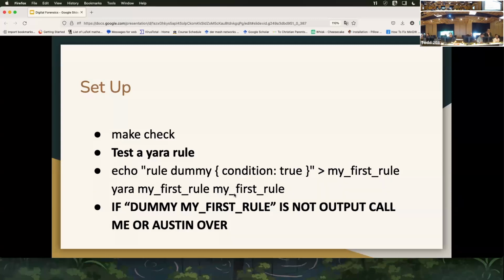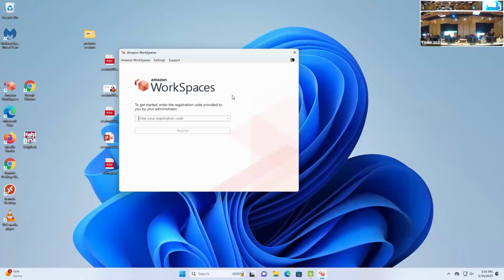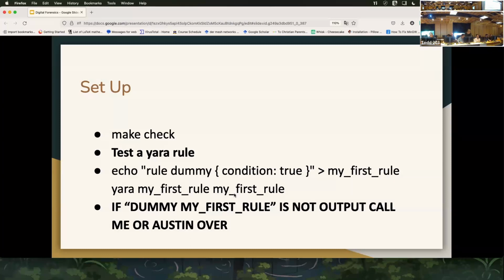Before you do that, let's remove the original dummy file. Type in lowercase r, space, and then the file name, so that we get rid of that file.